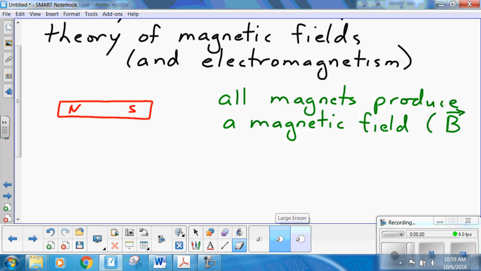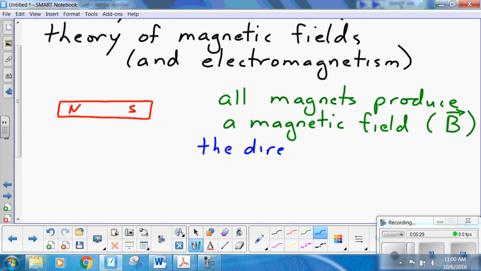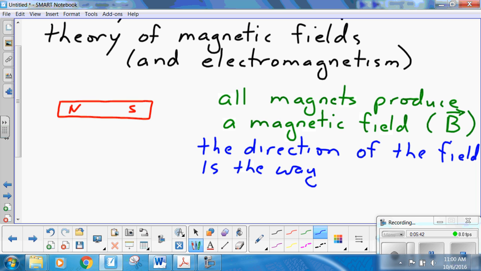Talk about absolute value later. The direction of the field is the way a test compass would point.